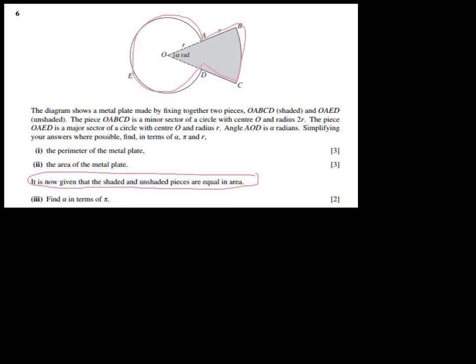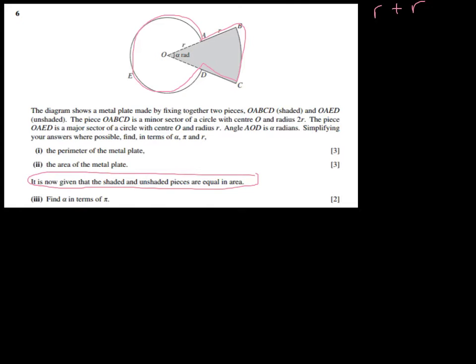First of all, you can see on that perimeter is R plus R. So you've got that side there and that side there. What you need is the curved edge BC. So that's this whole sector here, which has a length 2R and an angle of alpha.